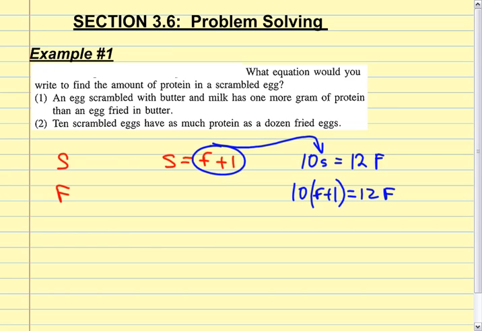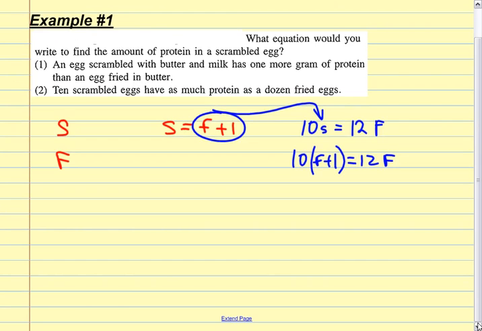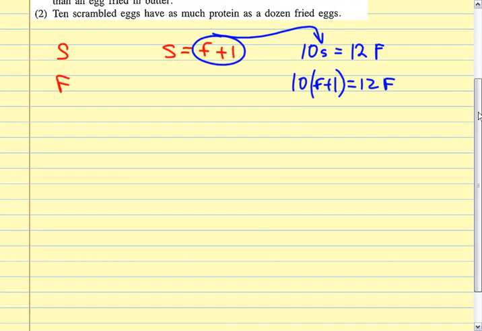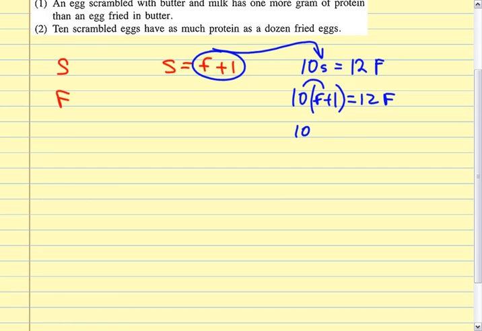Now they didn't ask us to solve it, but can we, Eva? Yeah, okay. Sure. What should I do? I'm going to distribute. 10F plus 10 is equal to 12F. What do you want to do now, Eva? Okay, now you can subtract 10 from both sides. Well, you're just moving numbers. Remember, the very first thing I want to do is deal with variables.